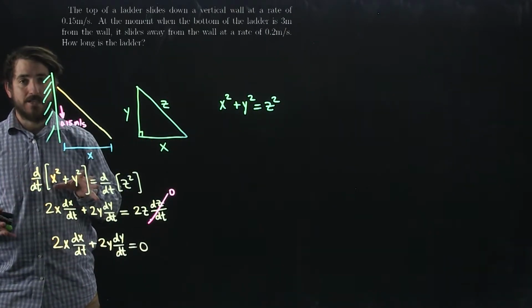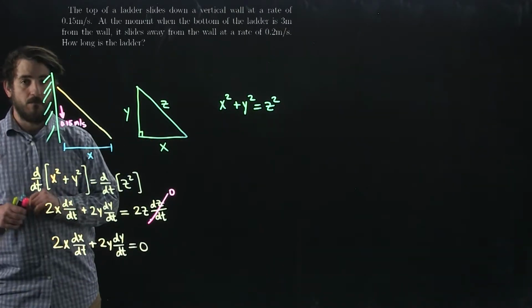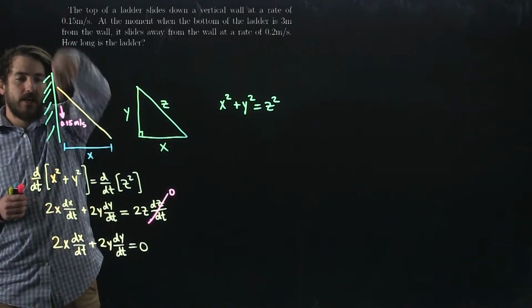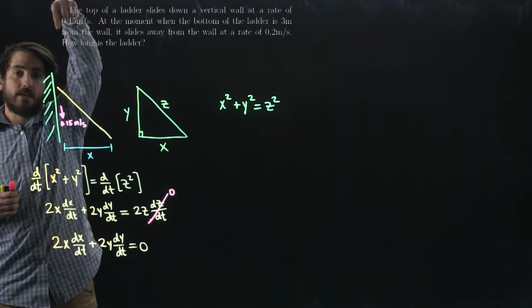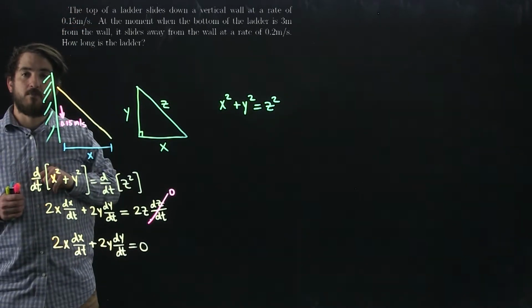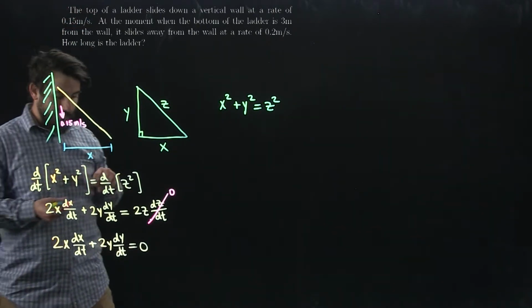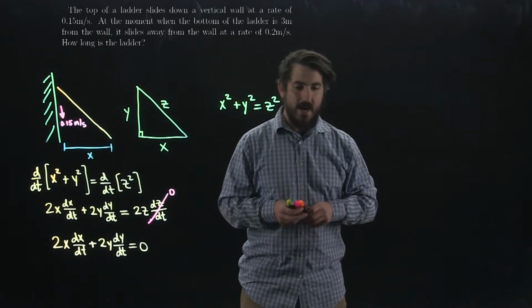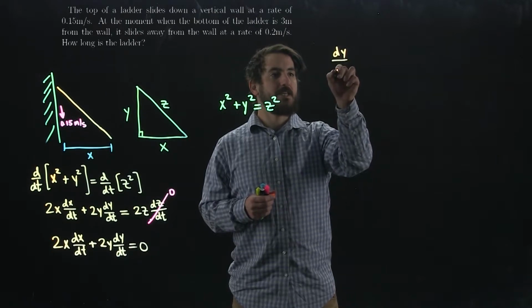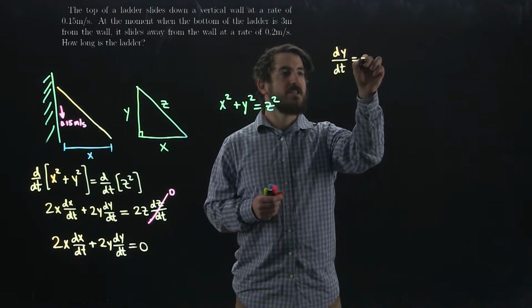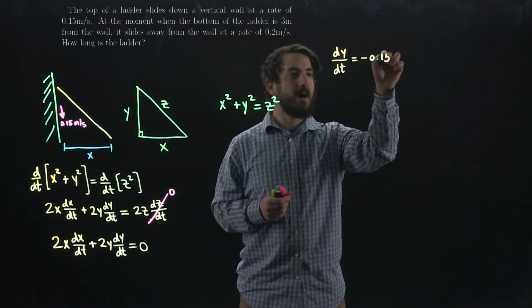Now, in the word problem, it says the speed dx/dt, or the change in x, when x equals 3 is going to be 0.2. And we know that the ladder has a downward velocity of 0.15 meters per second. So dy/dt equals negative 0.15.